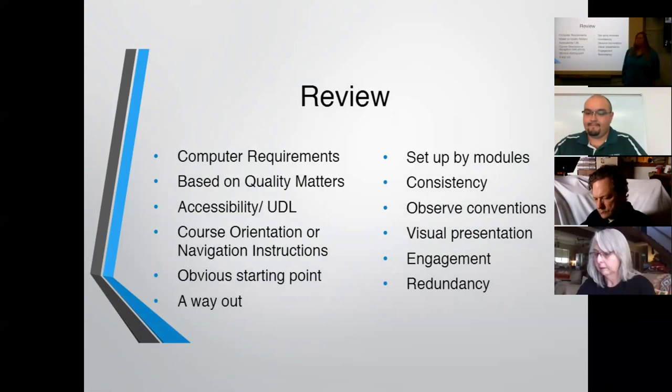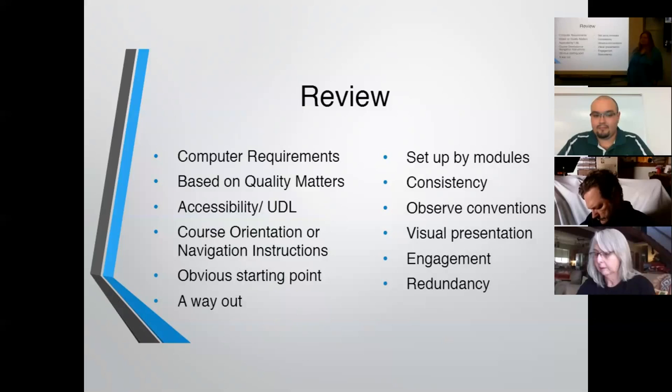So we're tying this up now, and so we're going to do a review of what we spoke of. The most important elements to put in your course include these things. We spoke about making sure that your course includes the computer requirements for a student to successfully be present online with the course.